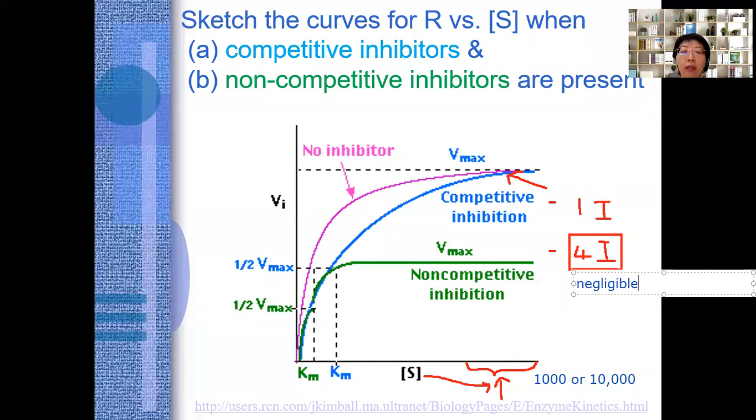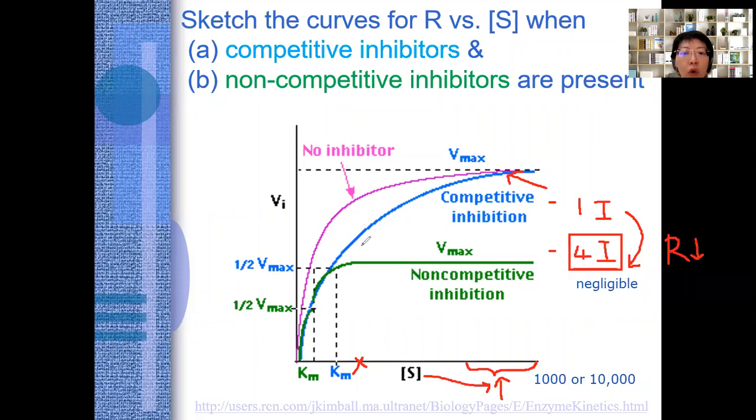What about at low substrate concentration? At lower substrate concentration, where should the line be? You already know that when you decrease substrate concentration, your rate is going to drop, right? So from here, if I change to here, I know that the rate is going to drop. You can always use this way to find out.